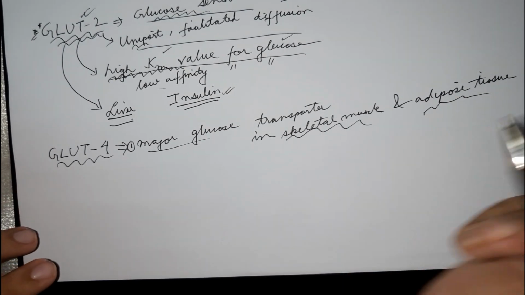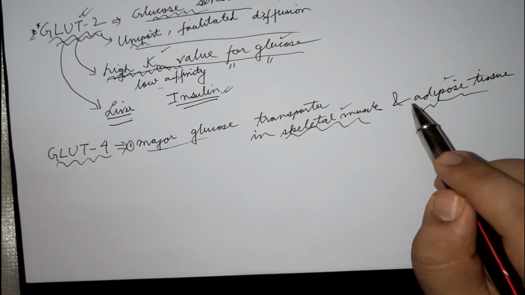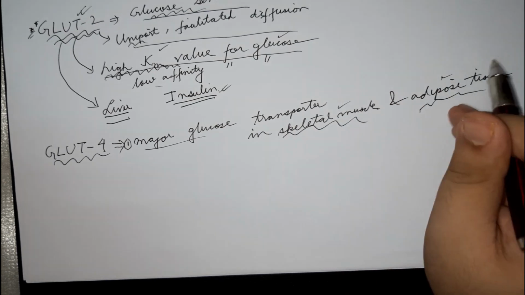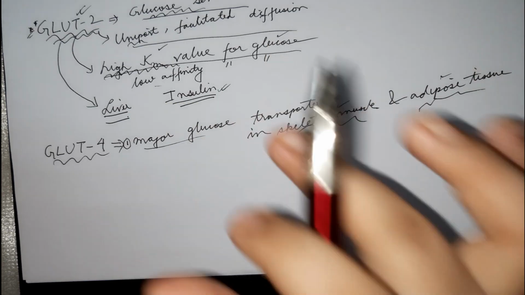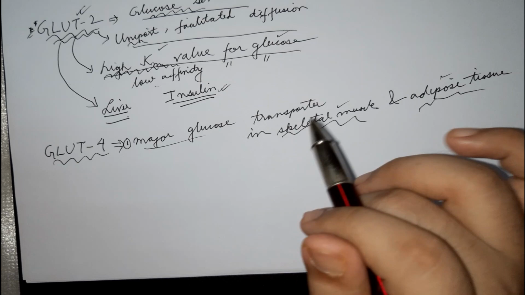Now, when I say skeletal muscle and adipose tissue, immediately something should strike you. These two sites are also known for another thing related to carbohydrates. What is that? Yes, very good.